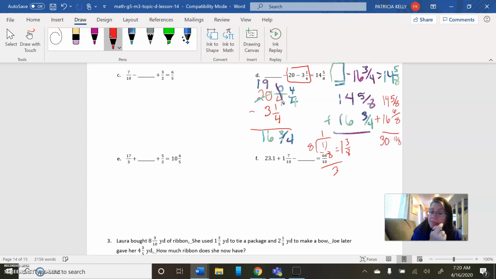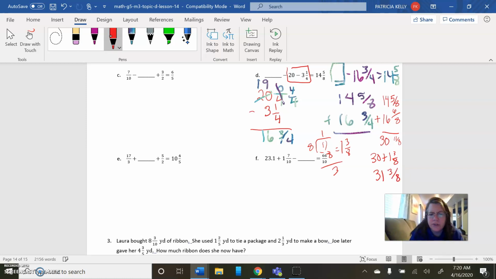Okay? So now I've got 30 plus 1 and 3 eighths. Same thing, right? Don't forget that word. Alright, so now all I have to do is add my whole numbers. So 30 plus 1, 31. And the fraction 3 eighths.